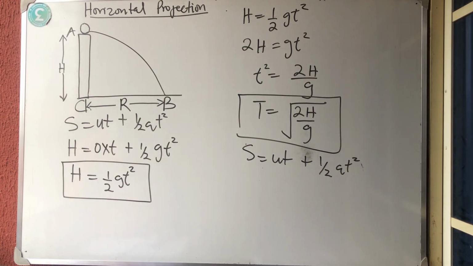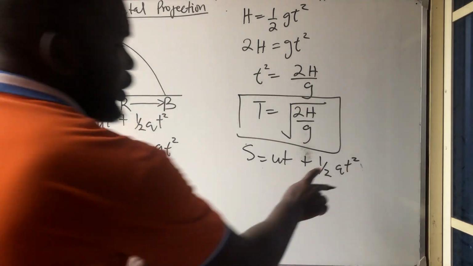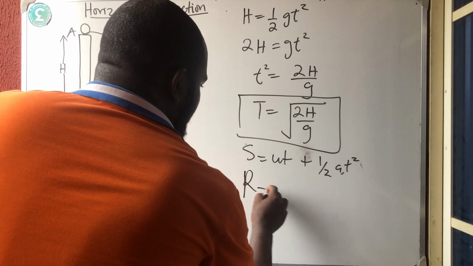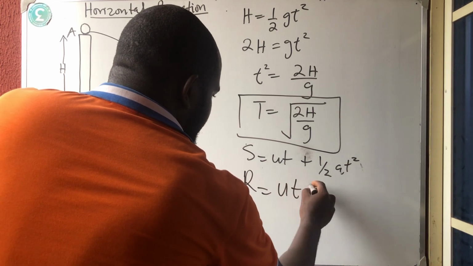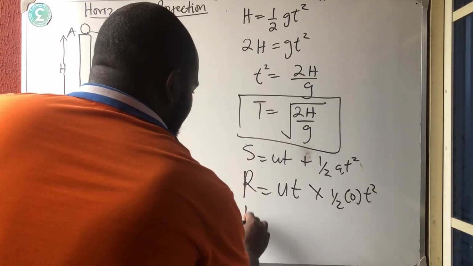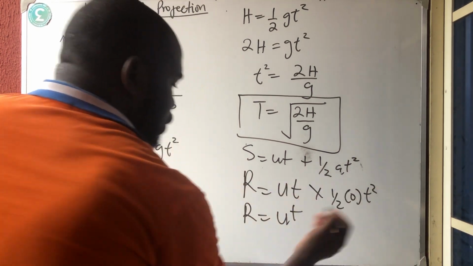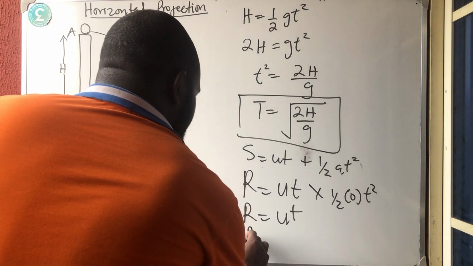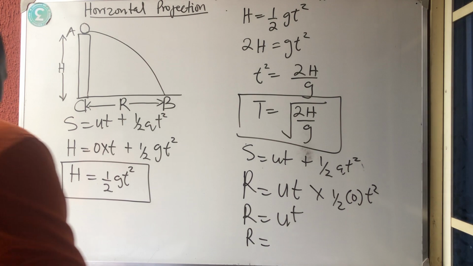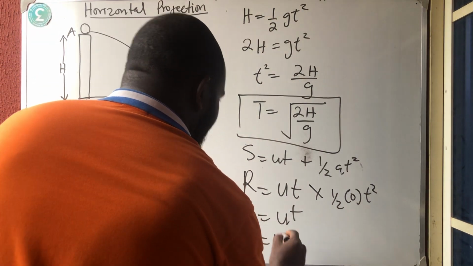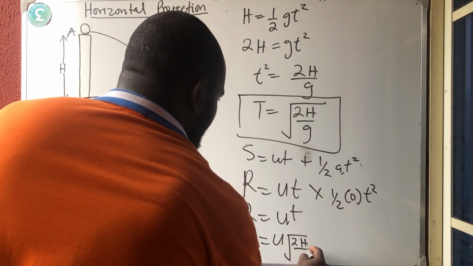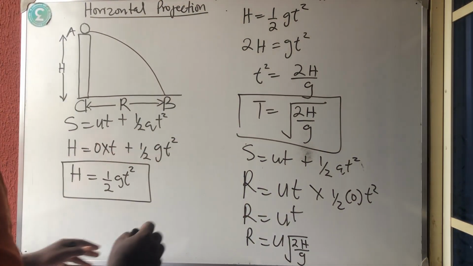Acceleration due to gravity acts on a vertical body, so g will be 0 here. So the range is equal to ut plus 1 over 2 times 0 times t squared. So the range is only ut, like the other one. So my range is equal to u times t. Don't forget that my t is the square root of 2h over g. As simple as that.